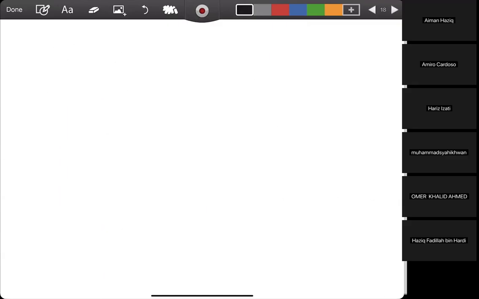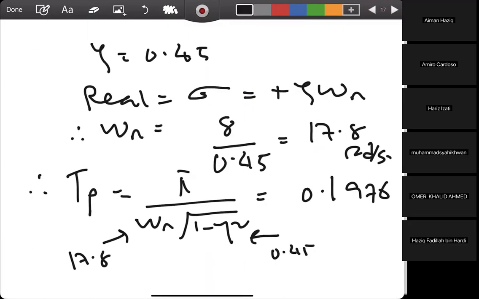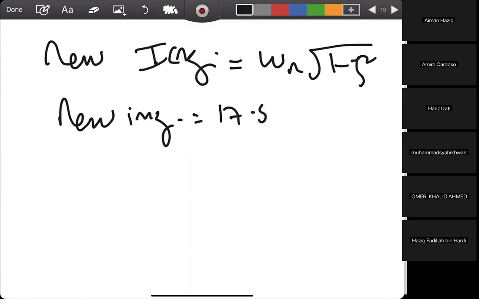So now the new imaginary will be omega n times square root of 1 minus zeta square. New imaginary is omega n, just now was 17.8, times square root of 1 minus 0.45 square.